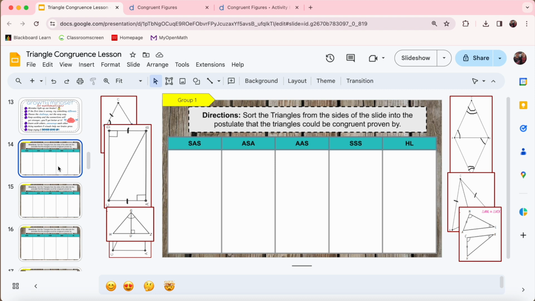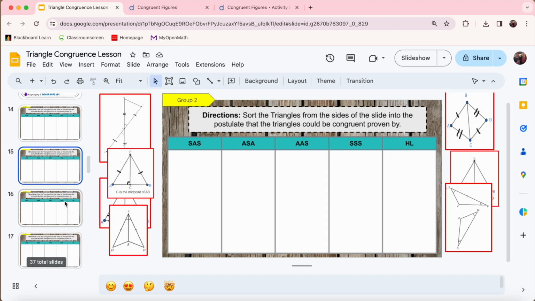So group one, both of the slides are the same. It would just be to sort the triangles from the sides onto the slide using the postulate for the congruency proven. So just to verify that they understand the similarities and differences between the 5 postulates there. Group 1 and group 2, you'll see that they are different.